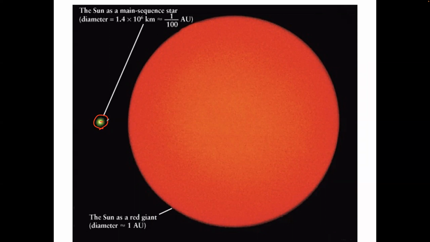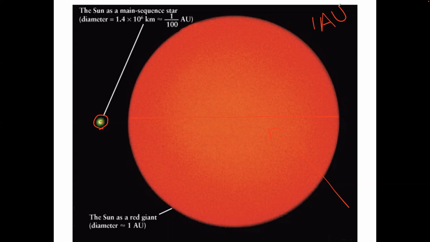However, if you look at the sun as a red giant, because one day it will become a red giant, this is how it looks. Now the diameter of this red giant is actually 1 astronomical unit. Now, if you remember, 1 astronomical unit is the average distance from Earth to the sun, right?